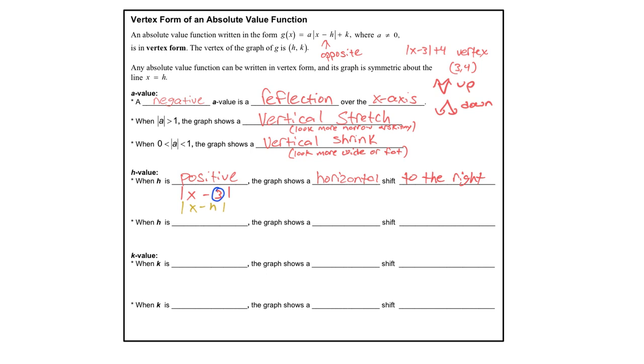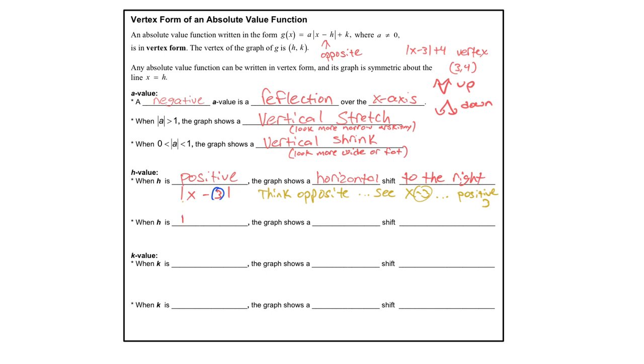So the 3 is positive because that minus sign is still there. Now, another way you can think of this is think opposite. So if you see x minus 3, you need to think positive 3. You're going to learn anything on the inside of an absolute value symbol is the opposite. All right, so that's positive.